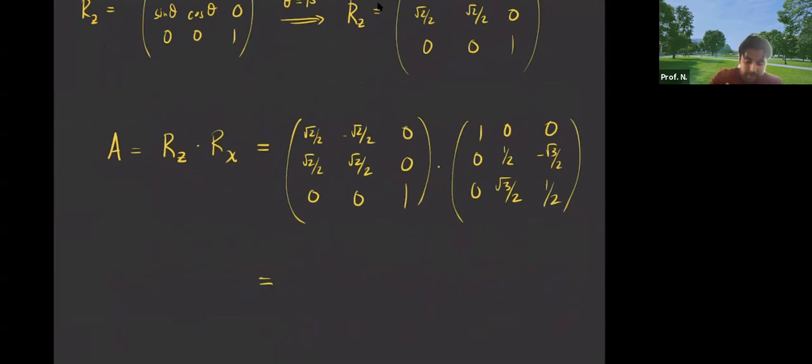You can see what happens. First row, first column, what do you get?